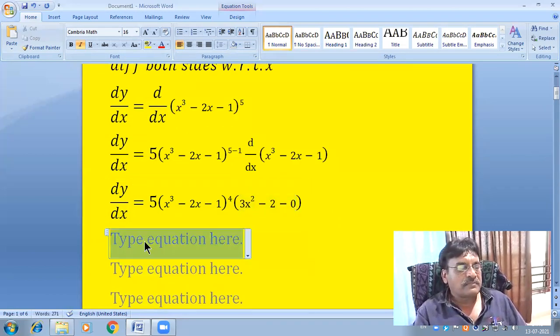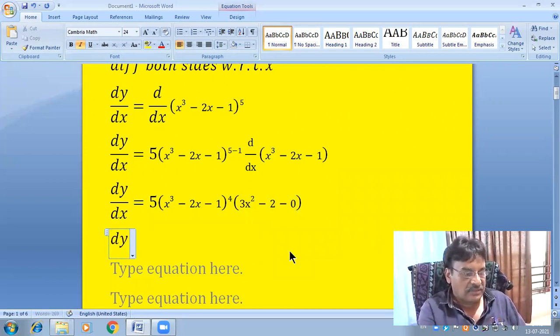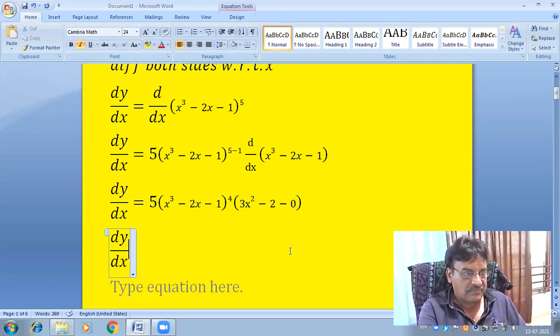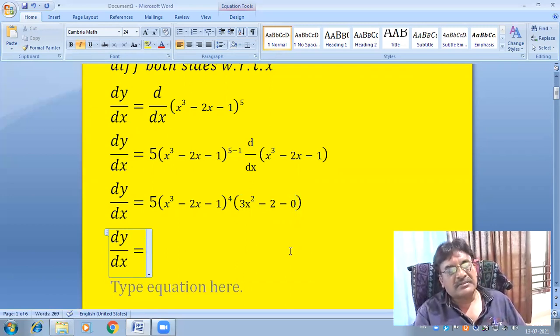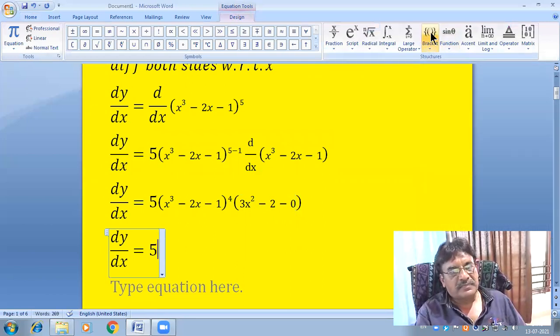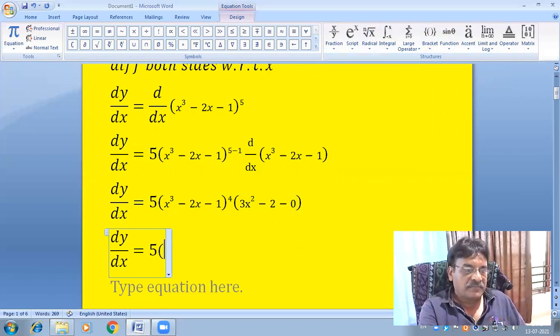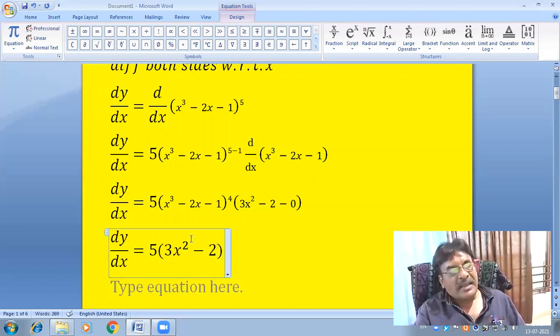Therefore dy by dx is equal to 5 as it is, in bracket 3x square minus 2, into (x cube minus 2x minus 1) to the power 4 as it is.